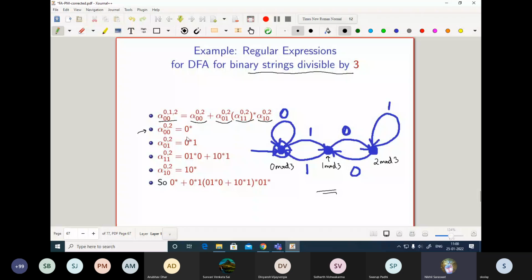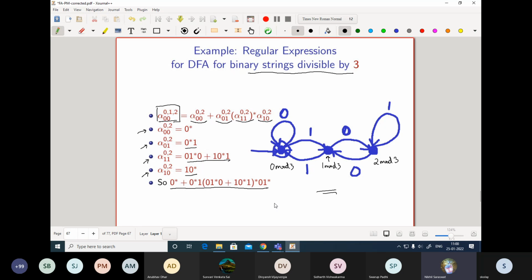Alpha 0 0 0 2 will be 0 star, and then this will be 0 star 1. Then this will be 0 1 star 0 1 plus 1 0 star 1, and alpha 1 0 0 2 will be 1 0 star. So this expression turns out to be this very ugly expression if we just put everything together.